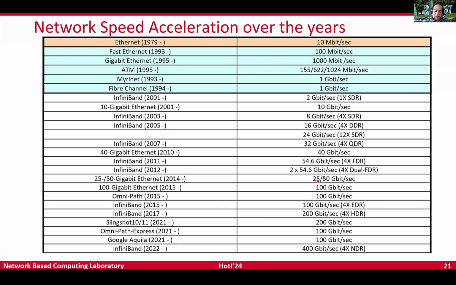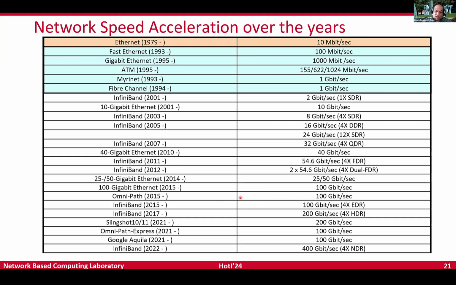This is where 25 or 50 gigabit was introduced. Once again, 10 gigabit Ethernet was there, 100, then 40 was introduced. Then if you use one such lane or two such lanes, you can have 25 or 50. These intermediate technologies were introduced. And then, of course, 100 gigabits was also available.